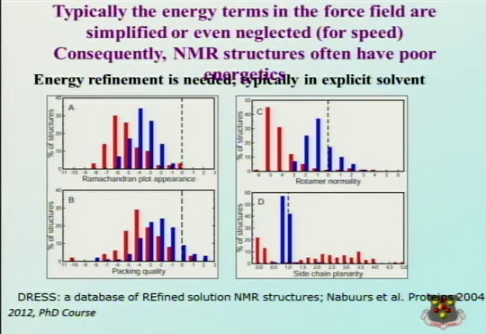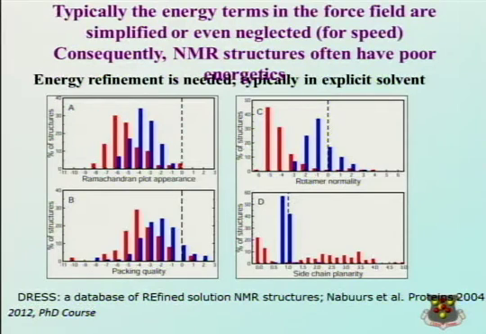So the distribution of backbone conformations within the Ramachandran plot when looking at NMR structures was much more dispersed and occupying forbidden regions than what you saw in the X-ray structures available at the same time.